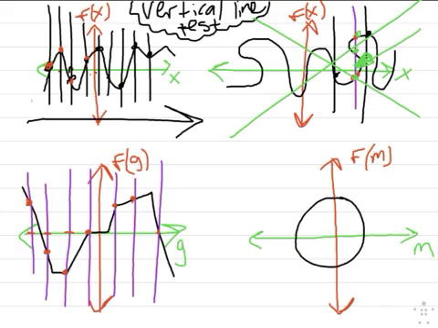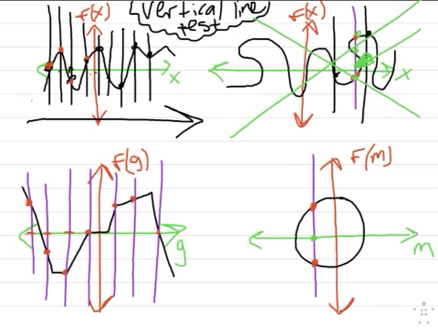How about the circle here? You guys probably guessed already. I only need to draw 1 vertical line. Take a look. At this x value here, let's say it's -1 maybe, how many y values, or how many output values do I get? I get 2. For every input, I need exactly 1 output.